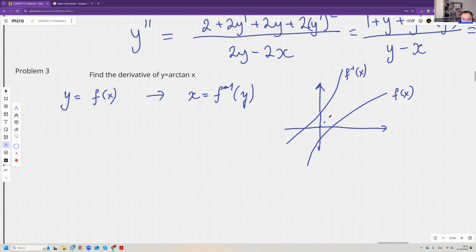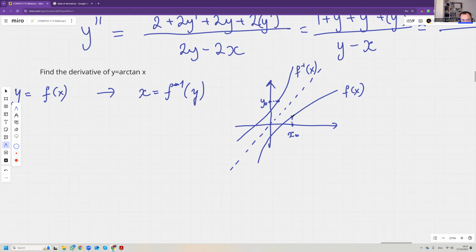They're symmetrical. So at any given point, let's say at point x0, there's a corresponding point y0.